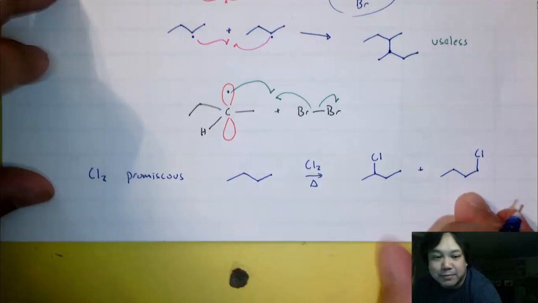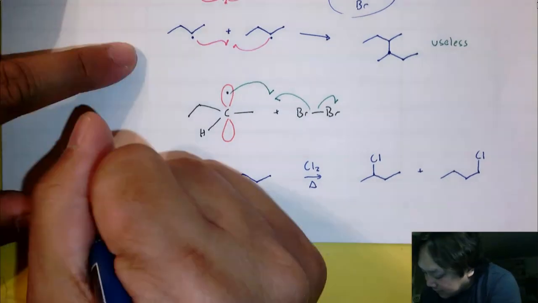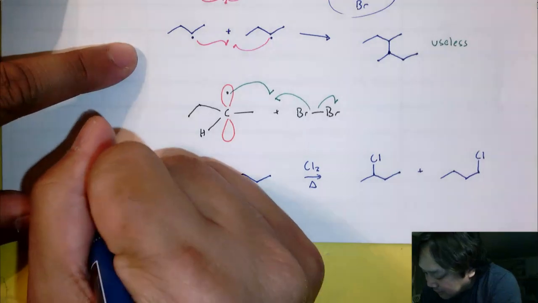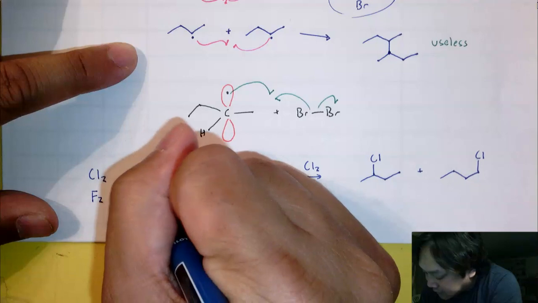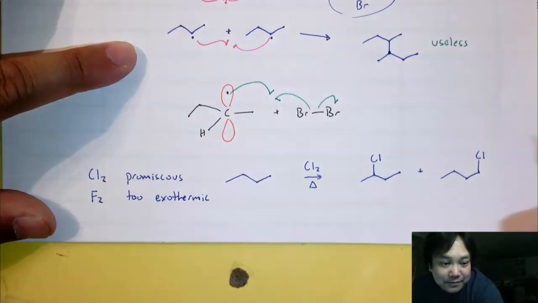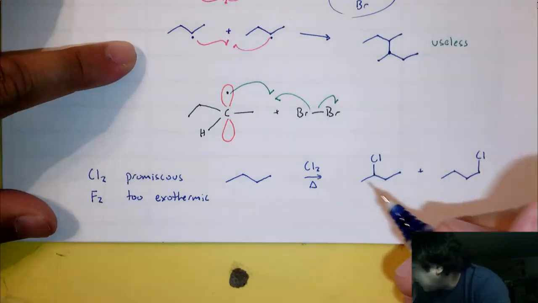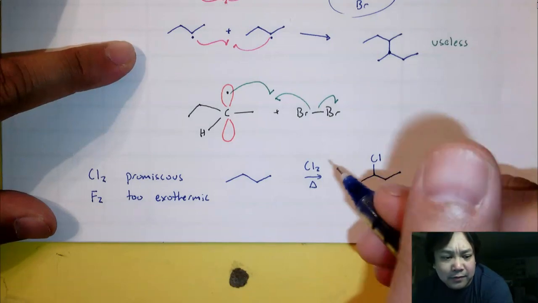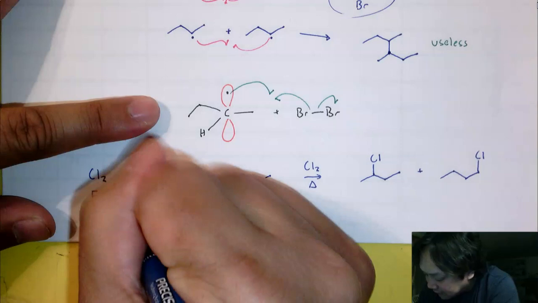Okay, and it gives us a bad mixture. So it's not controllable. F2, it's too exothermic. It's too reactive. Okay, it will create a lot of heat. I think I've read stuff where it could cause an explosion. And I2 is too unreactive.